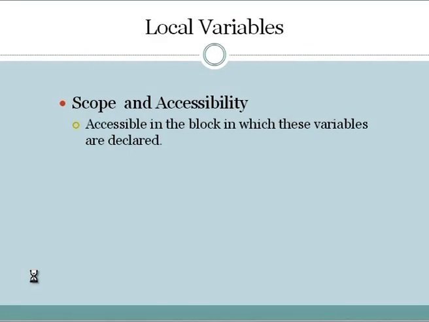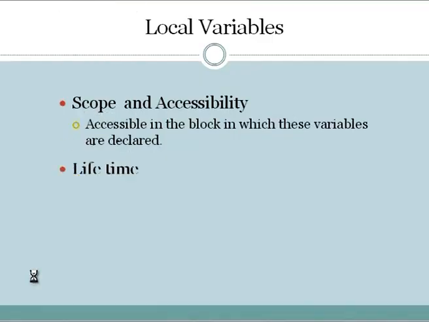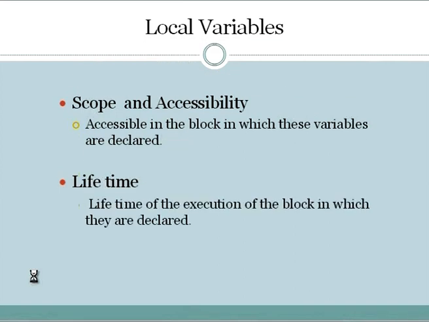So it concludes that local variables are accessible only inside that block in which these variables are declared, and for the lifetime of the execution of the block in which they are declared. It means that local variables remain in the memory of the computer until control remains inside the body of that block in which these variables are declared.